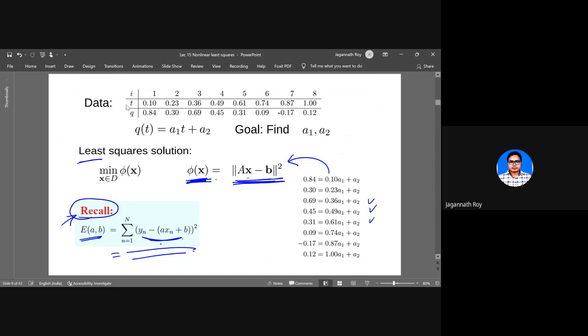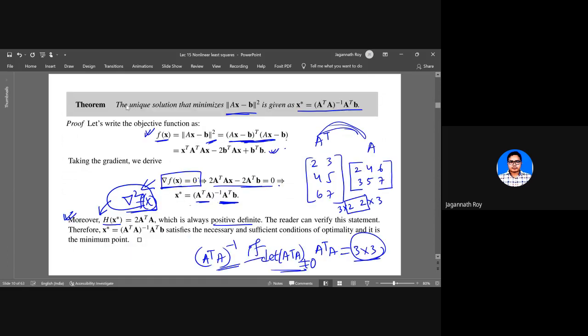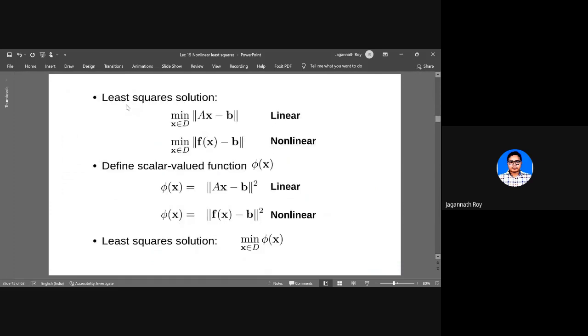Similarly, we will have a system of nonlinear equations. So for least square, we can use the linear equation, and we can take an arbitrary function. It can be a sine function, a cosine function, or also an exponential function like this. The target is to minimize.